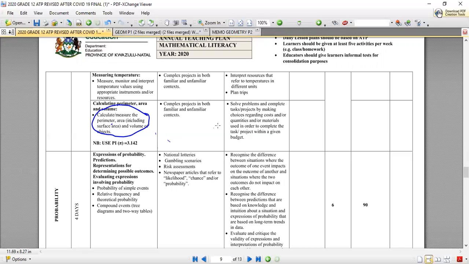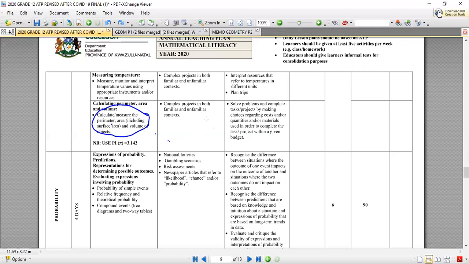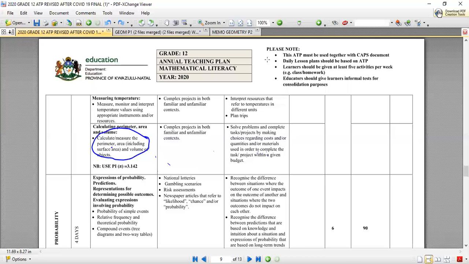As you can see from our syllabus, it involves looking at complex three-dimensional shapes. So that is what we're going to explore in this module or chapter. Let's get started with your worksheet.